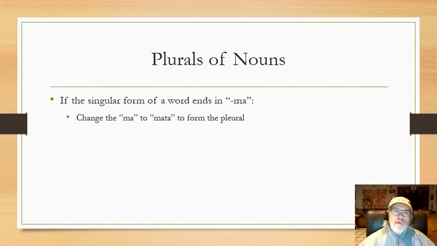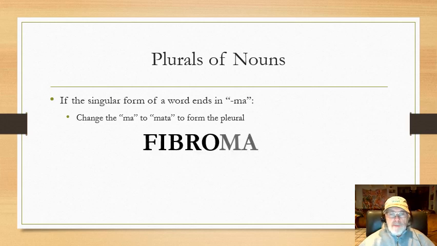If the singular form of a word ends in ma, change the ma to mata. So, fibroma. Fibroma is basically like a scar. It's a collection of a lot of fibrous tissue as a mass. It's not cancerous.